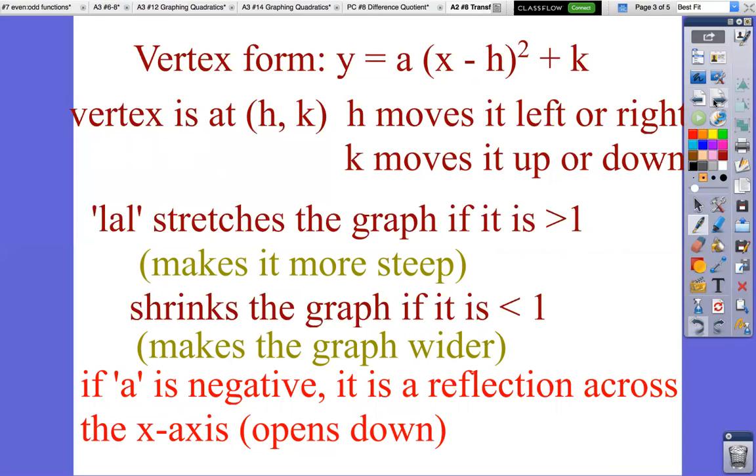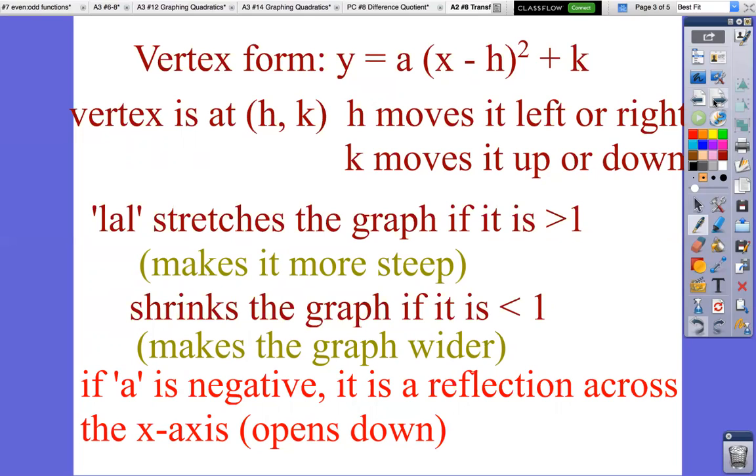So what we're studying today is vertex form and what this looks like. So A tells you about the quote unquote slope again.